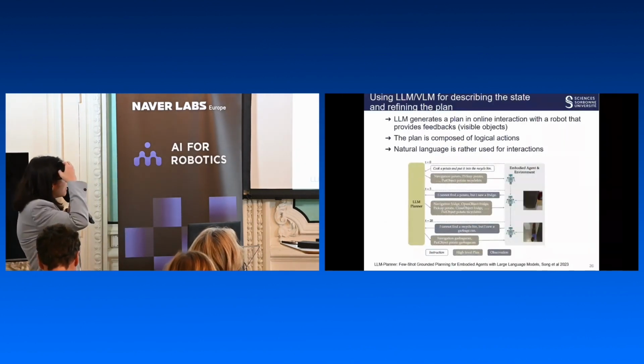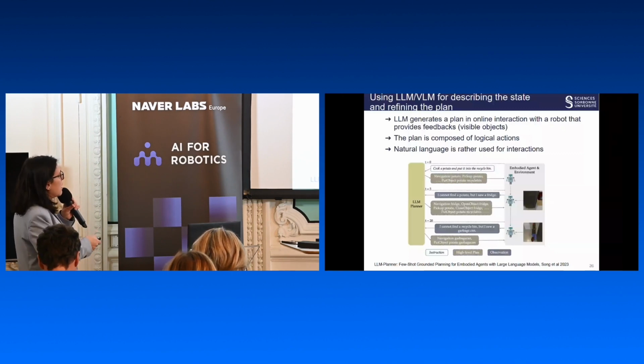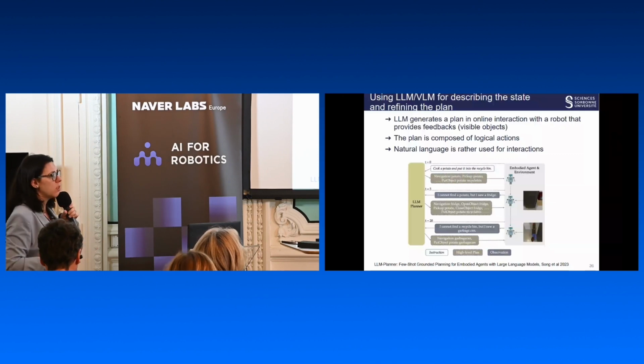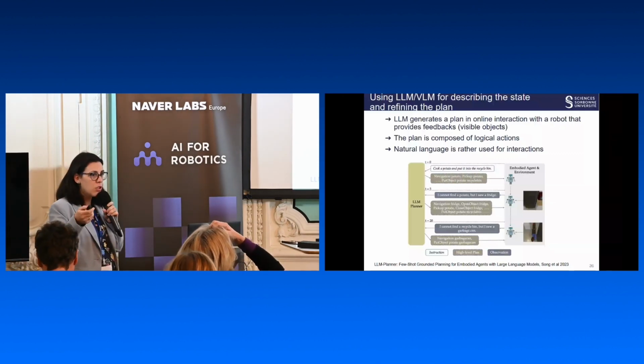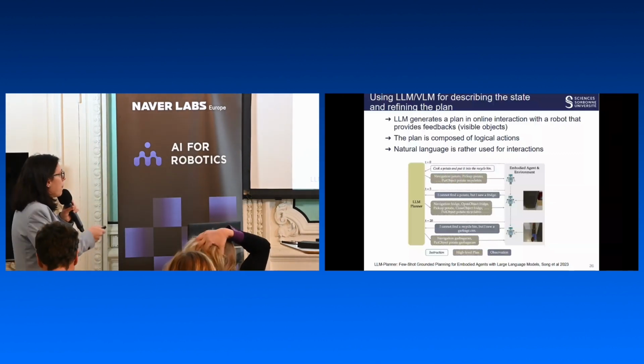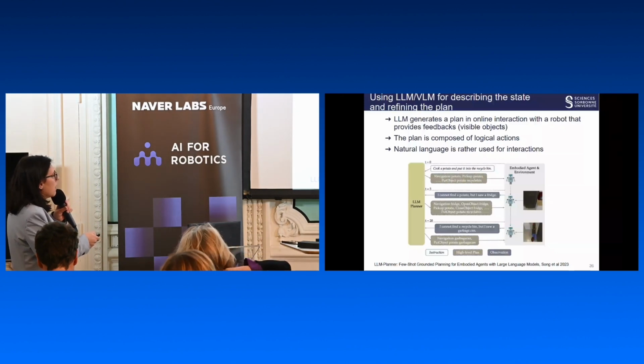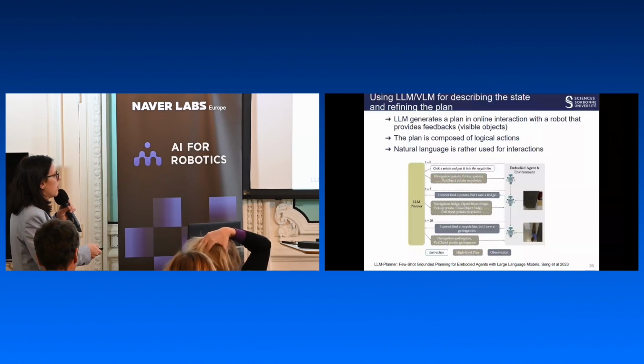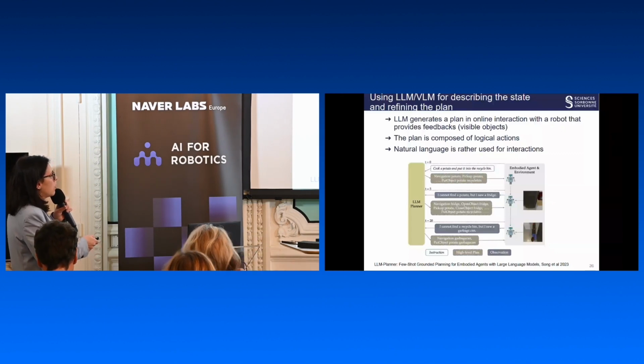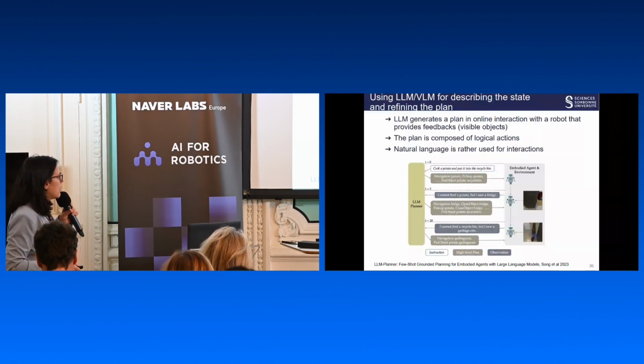And this is quite similar here, but what is different is that the LLM does not provide instructions in natural language, but directly logic commands. And then it interacts with a robot which is embodied within an environment and can also provide a description of the environment and also what it can do or not.